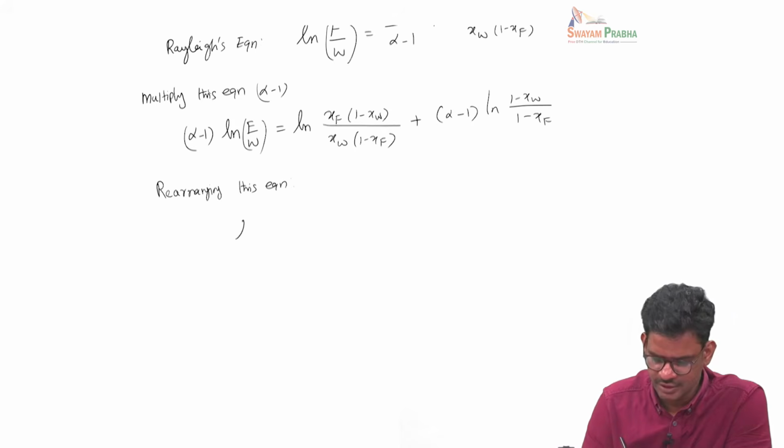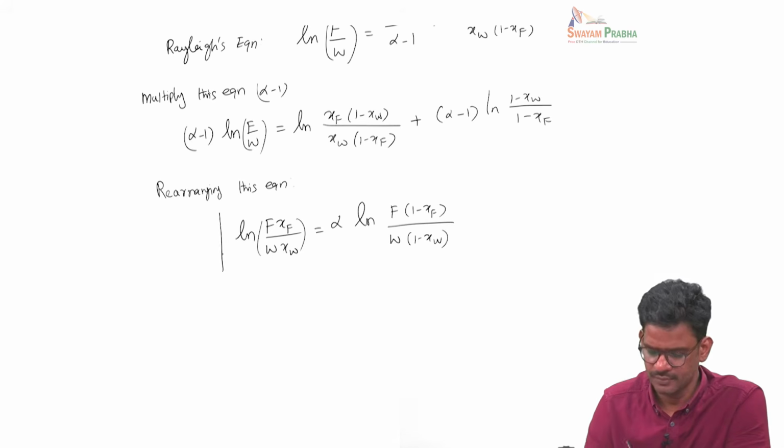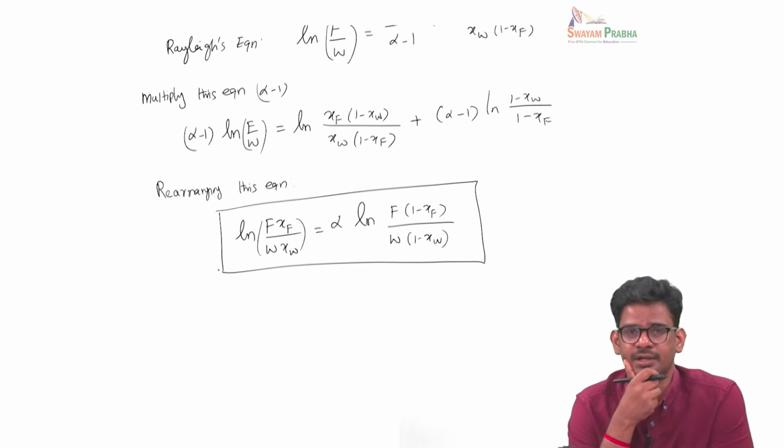We will get ln of FXF by WXW is equal to alpha ln F times 1 minus XF by W times 1 minus XW. So, this is also Rayleigh's equation, but in a slightly different form.